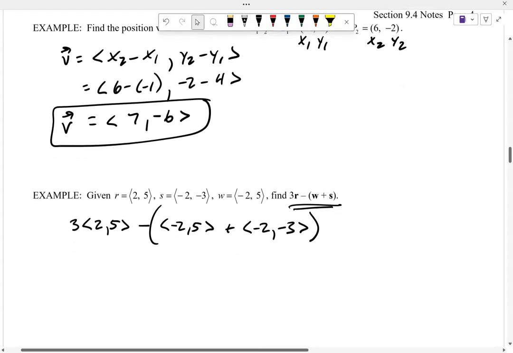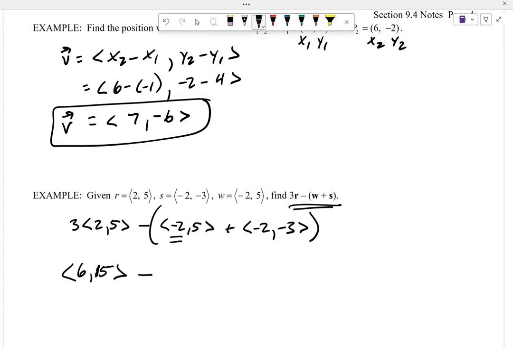Well, we'll take the 3 times each of those, so we'll have 6. 3 times 2, and then 3 times 5, I'll have 15. Minus, and then in here, what I do is I take the W plus S. So I get W plus the same term over there, -2 plus -2, we get -4.